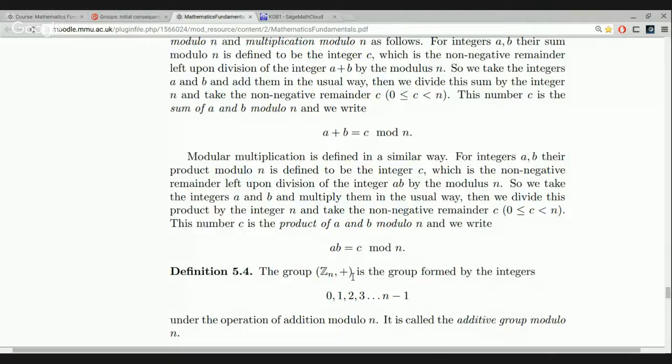By definition, any number raised to the power 0 is 1. 2 to the 1 is 2. 2 times 2 is 4. 2 cubed is 2 times 4. And you look at your Cayley table, 2 times 4 is 3. And 2 to the power 4 in this group will be 2 by 3. You look at what 2 by 3 is, you get back to 1.